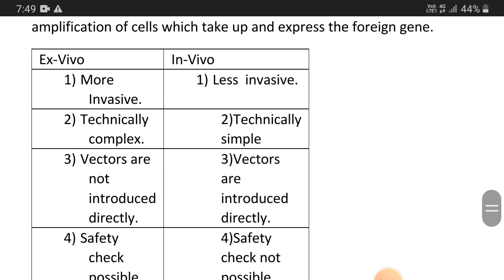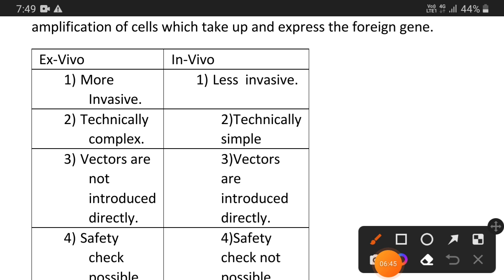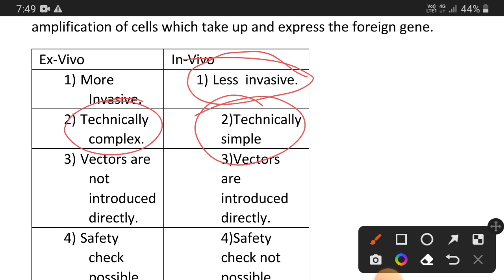Okay, so now we are going to discuss the difference between ex vivo and in vivo gene therapy. Ex vivo gene therapy confers more innovation than in vivo. Ex vivo is technically more complex than in vivo, and vectors are not introduced directly in ex vivo.